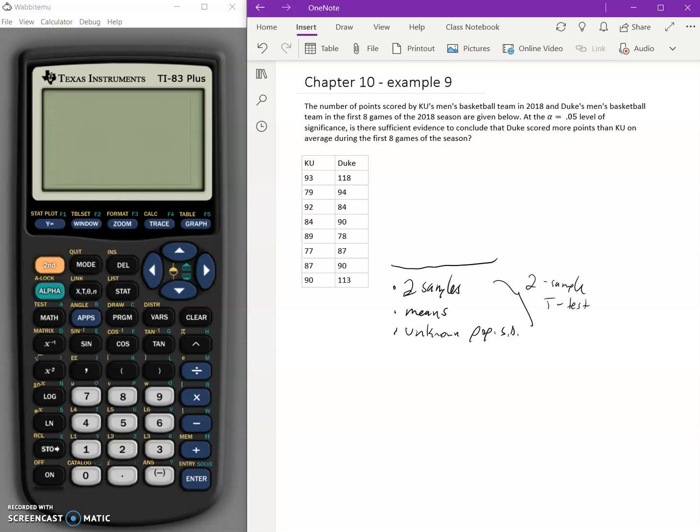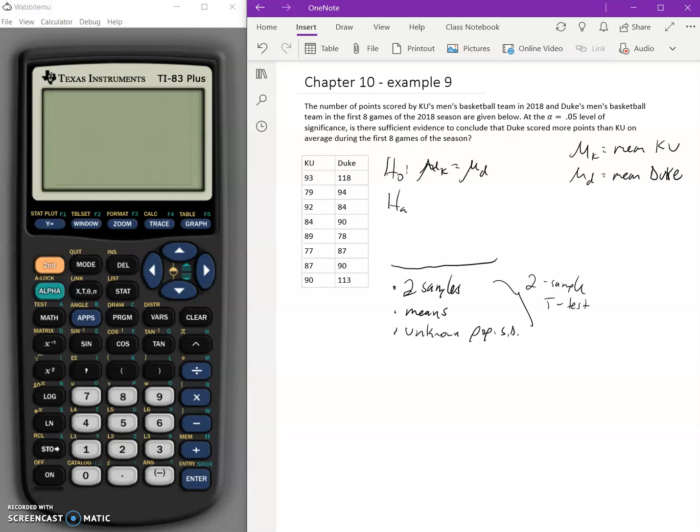But let's not forget that the most important thing we need for our hypothesis testing are our hypotheses. So we have our null hypothesis, mu sub K is equal to mu sub D. So we have, say, mu sub K is going to be the mean of KU, and mu sub D is going to represent the mean of Duke.